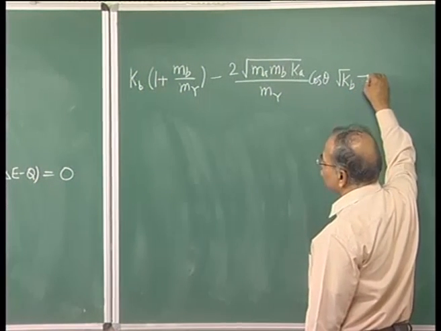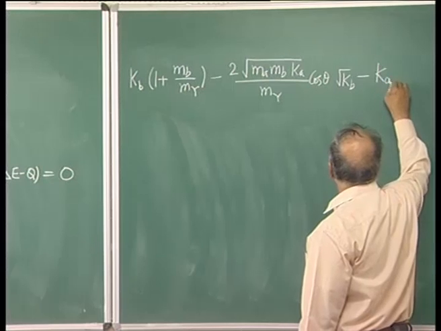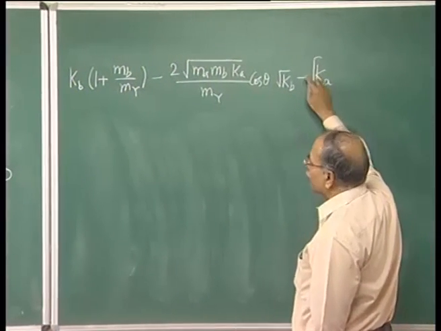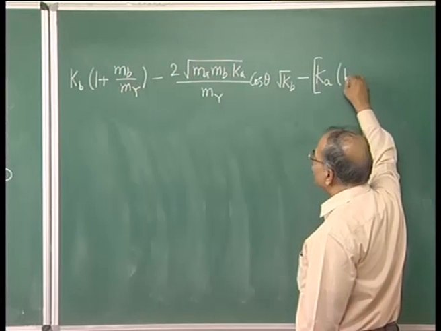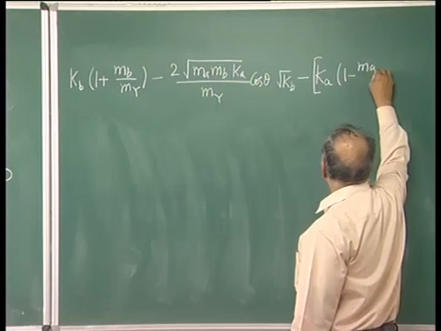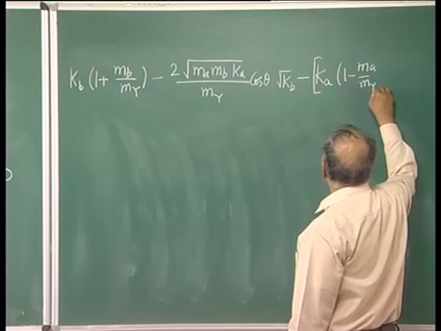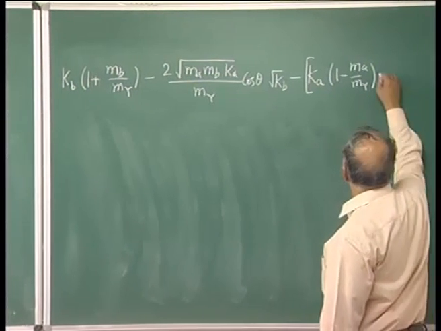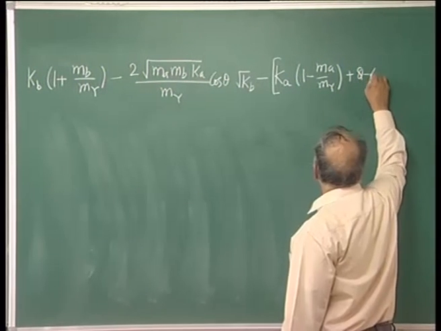So, it is minus ka, I can bracket here, remember this minus. So, ka into 1 minus ma by my, and then plus q minus delta E.